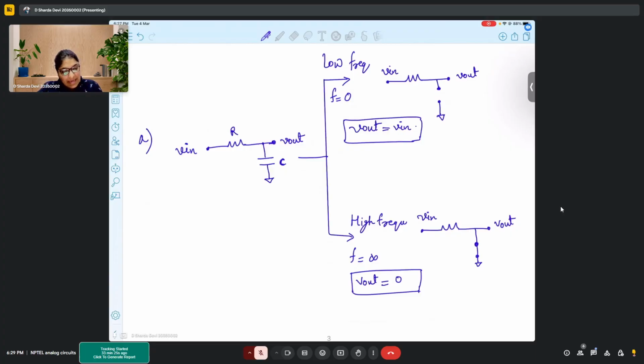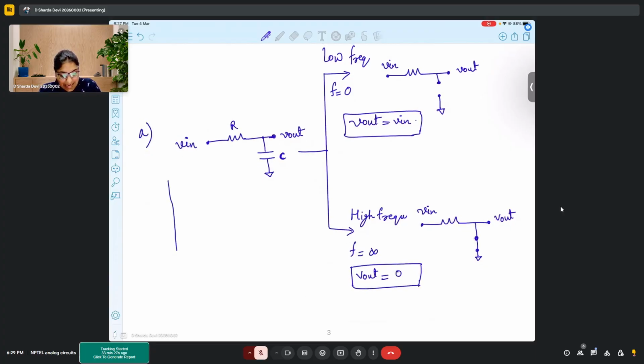So now we have seen this behavior. Now, if I want to intuitively plot my frequency response based on these two analyses, how would my frequency response look? We observed that this is gain, and since Vout equals Vin, the gain is 1 in this particular case.